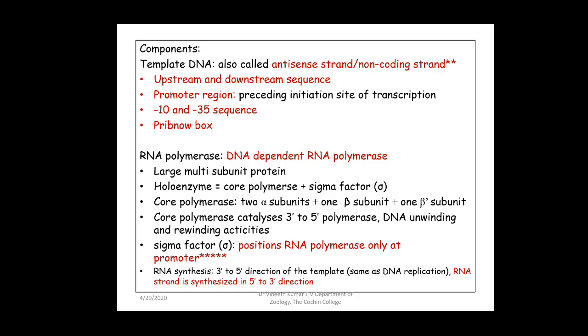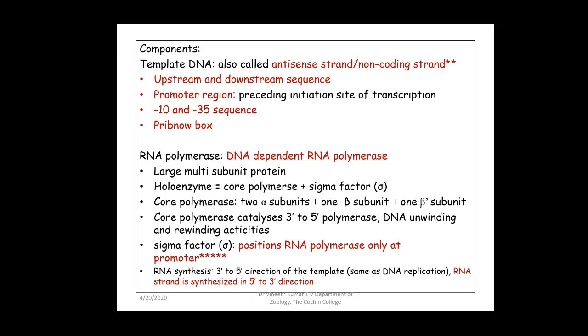It is a 3' to 5' polymerase in the sense that 3' to 5' denotes the direction of the template, and 5' to 3' denotes the direction of the mRNA. The same enzyme also has the helicase activity, which is unwinding, and also the rewinding activity.